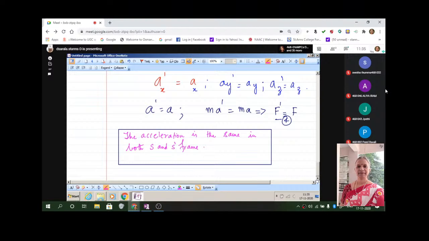When acceleration is the same, it implies force also is the same.